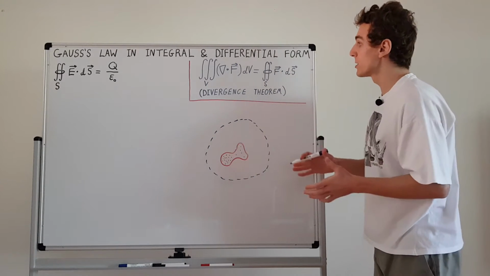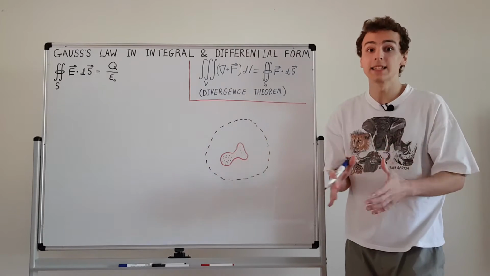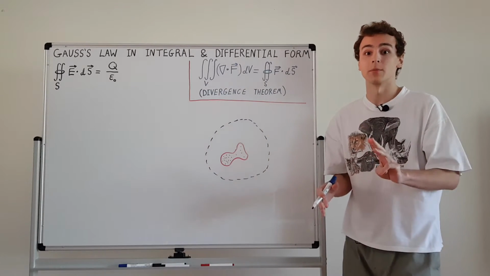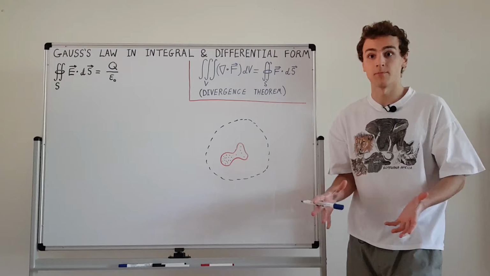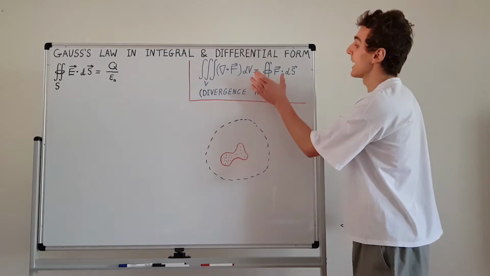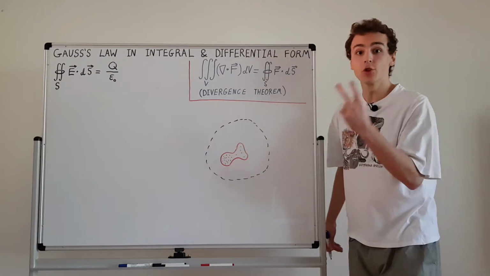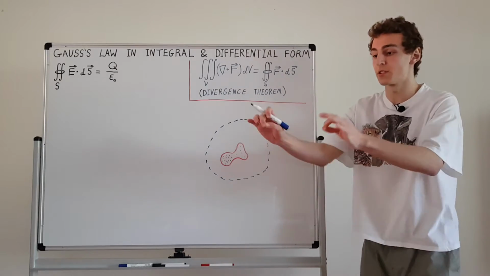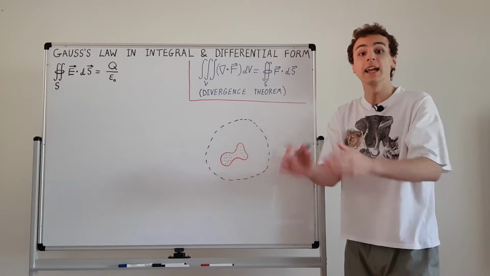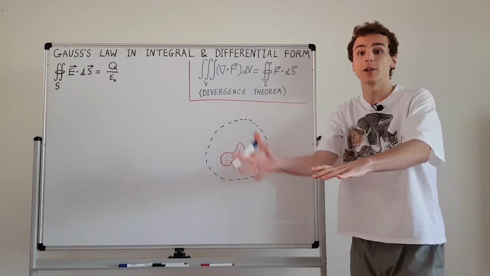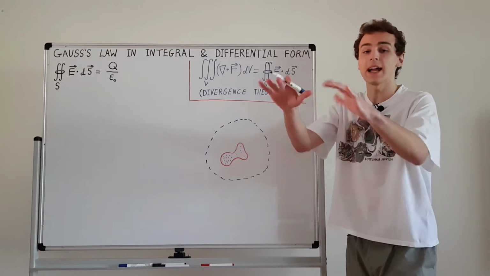Any way you parameterize a volume is going to require three parameters because it's a three-dimensional space. Any way you parameterize a surface is going to have two parameters. So you need two parameters to parameterize a 2D surface, even though that surface is in three-dimensional space.